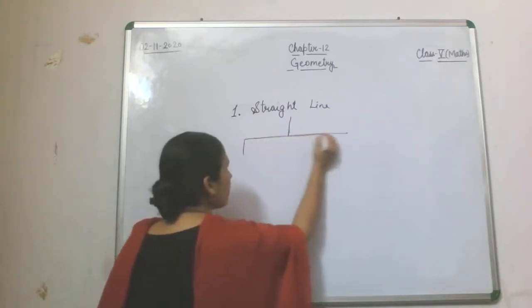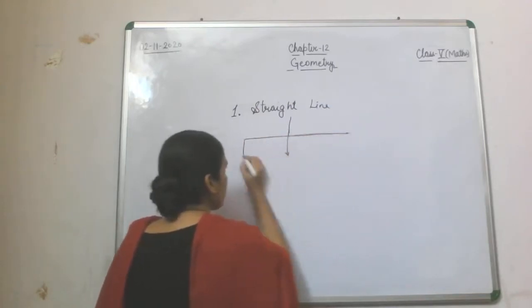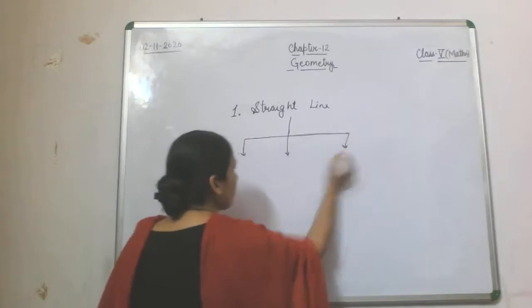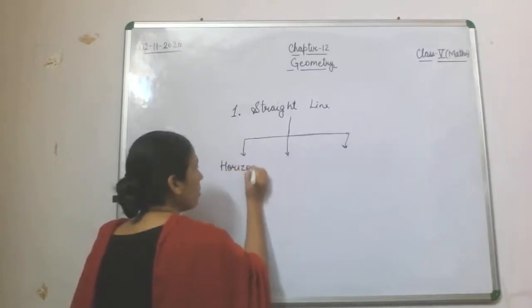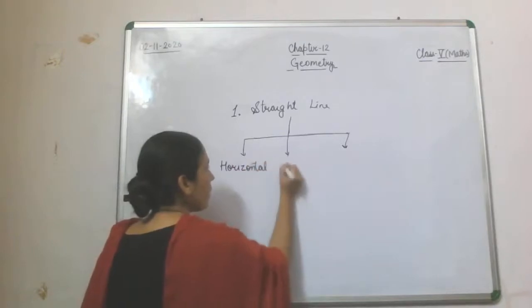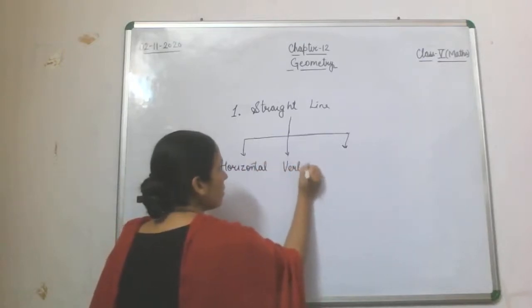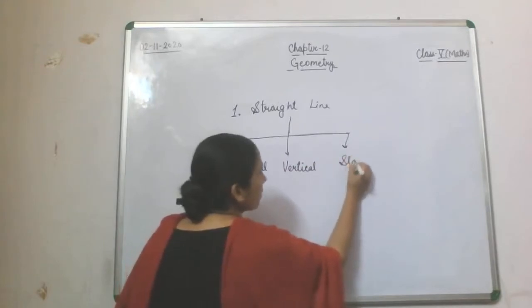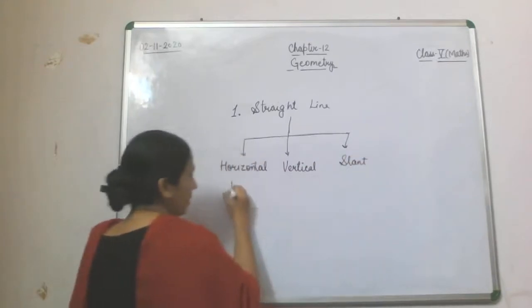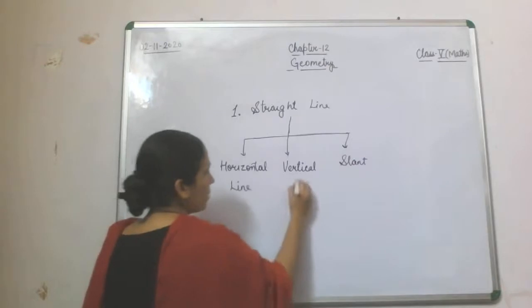What are these three types of lines? First is horizontal line. Then we have vertical line. Then we have slant line. These three types of lines we have.